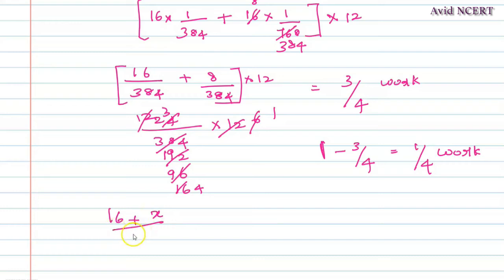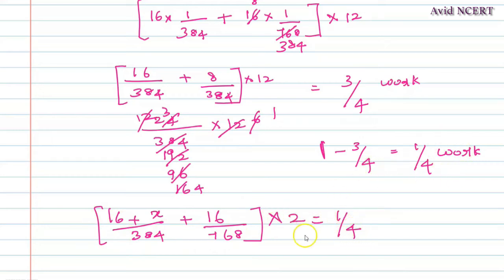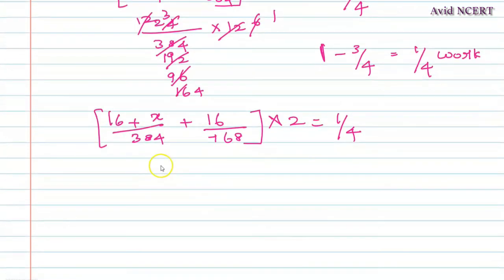So 16 plus x by 384, plus the women, 16 by 768, into 2 days, to complete the remaining quarter of the work, 1 by 4. We can simplify this to find the answer.